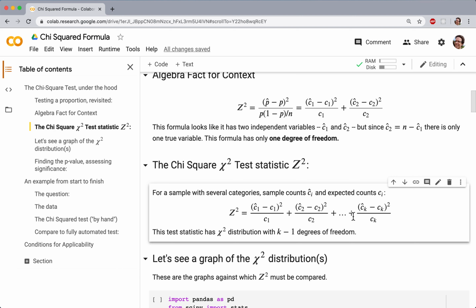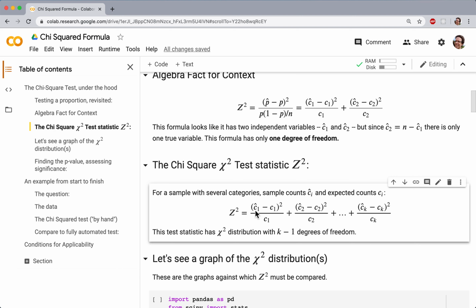We calculate these counts and we plug them into this formula, and then we get a statistic z-squared. Now, this formula has a sum of squares. And to understand it intuitively, you should think of it as analogous to a distance formula, which also has a sum of squares of differences in it. So the predicted counts are C1, C2 through CK.